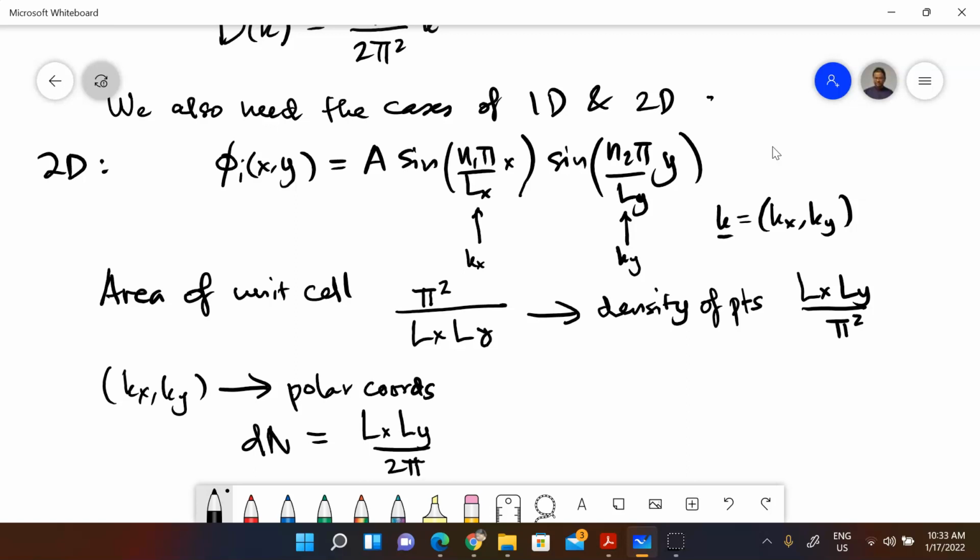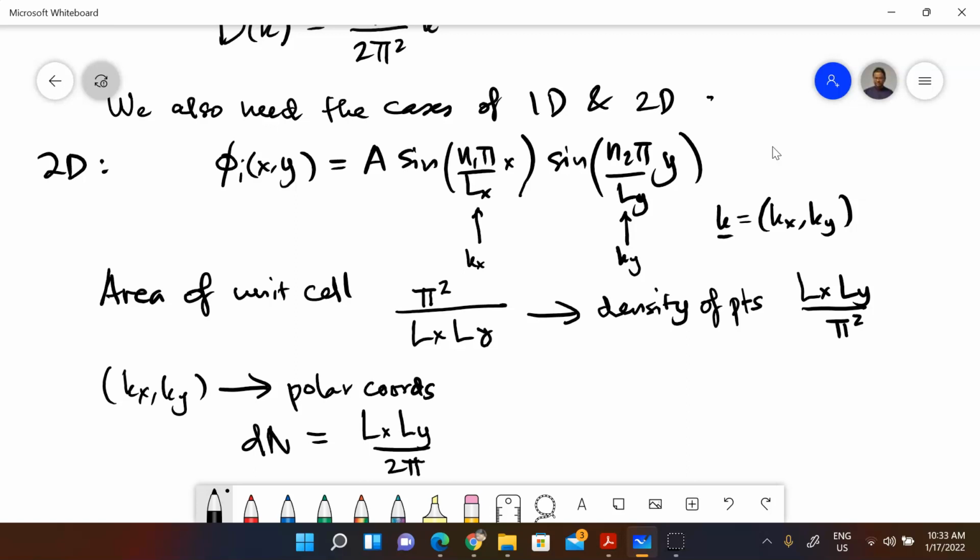Probably you need to do a bit more work, because here, remember, these are in terms of your Cartesian. When we go to polar coordinates, you convert your kx ky into a magnitude and a planar polar angle, and when you integrate that, you get 2 pi, and that gives you that thing over here.